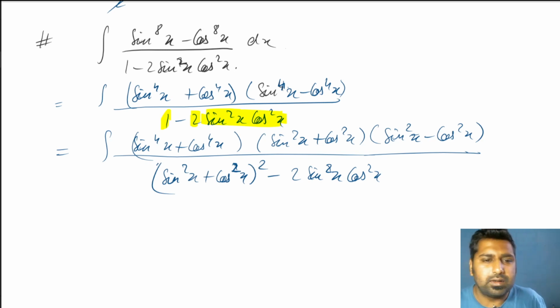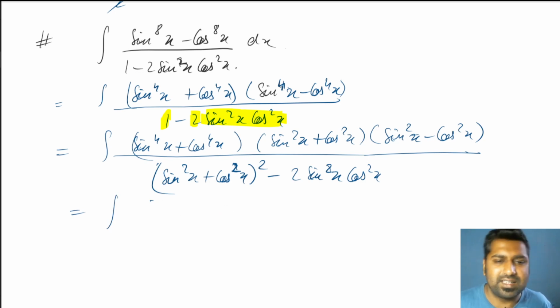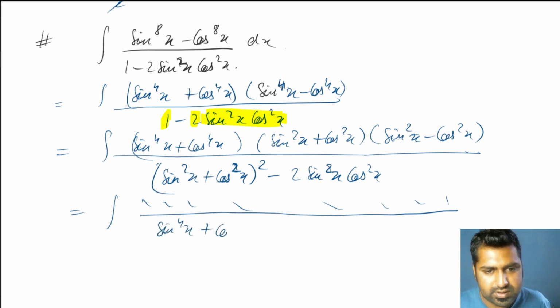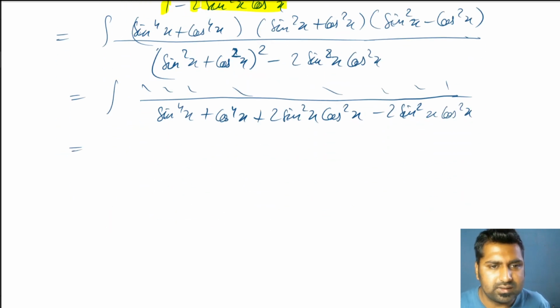Okay, now let's see what happens. Copy the numerator, the lengthy one, I'll just put dashes, because whatever the numerator is, I'm not doing anything with that. This, if we open this, becomes sine raised to power 4 x cos raised to power 4 x plus 2 sine square x cos square x minus 2 sine square x cos square x.